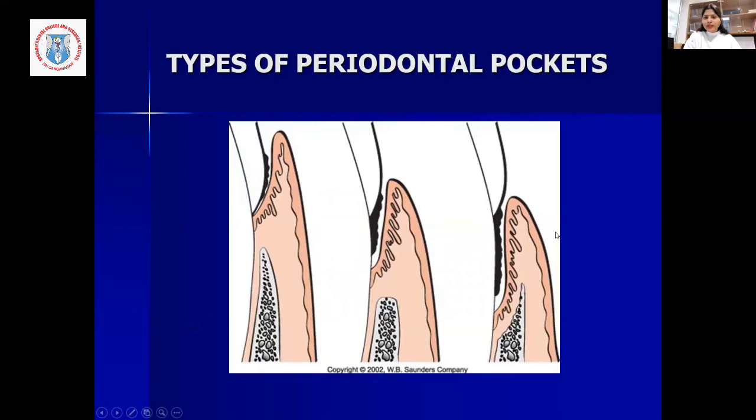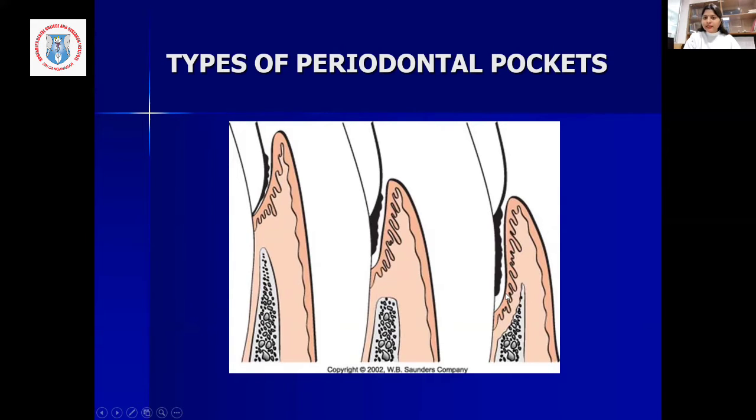The two other diagrams show the periodontal pocket or the true pocket, in which the attachment of the gingiva was here on the tooth, that is at the CEJ. Now it has apically shifted, but in this condition the base of the pocket is lying above the alveolar crest. So it is called the suprabony periodontal pocket.